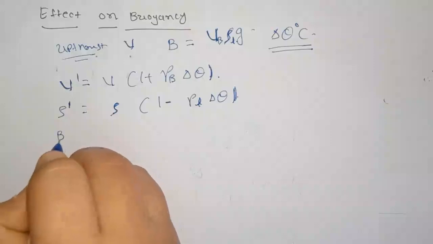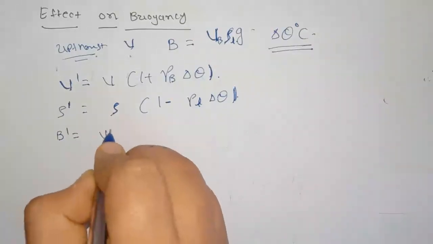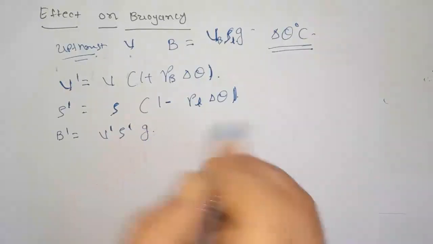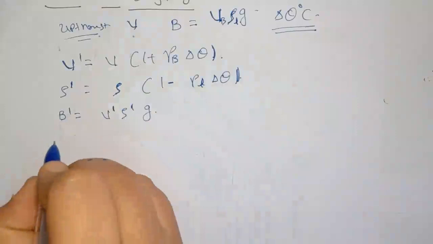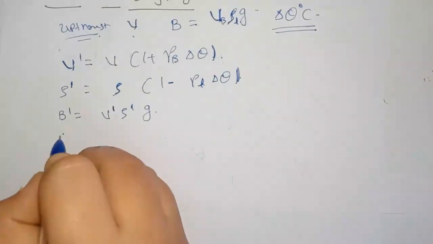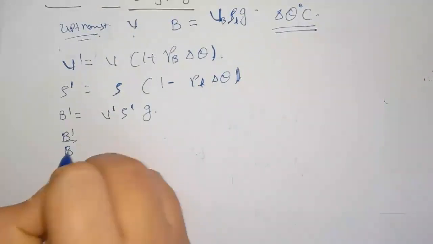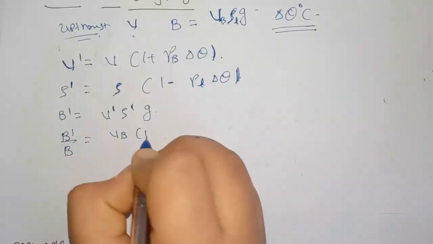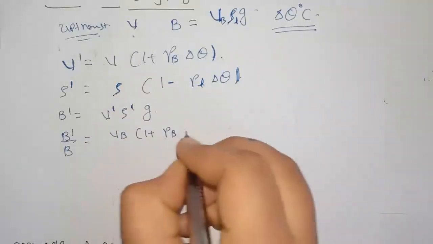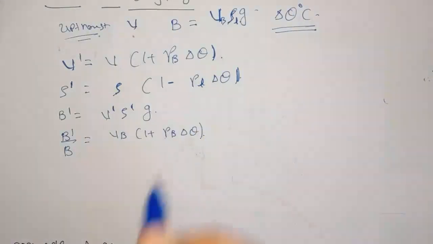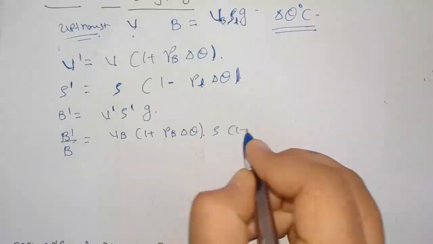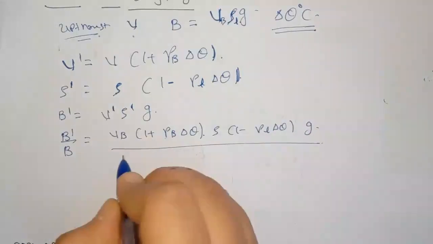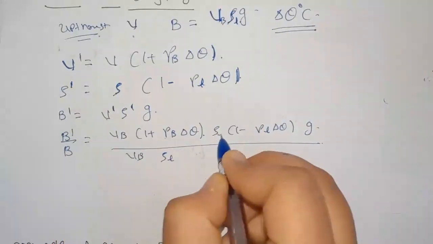So B dash will be given as V dash into rho dash into g. So taking the ratio, B dash upon B will be equal to V into (1 plus gamma B delta theta), rho into (1 minus gamma L delta theta) into g, divided by V rho L into g.